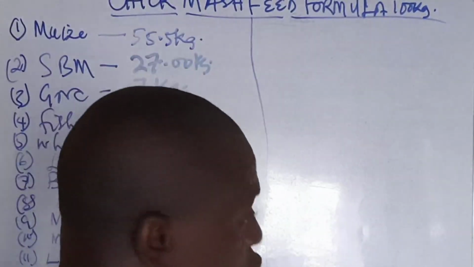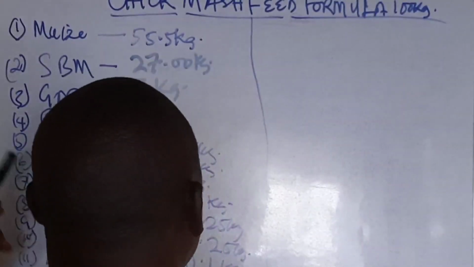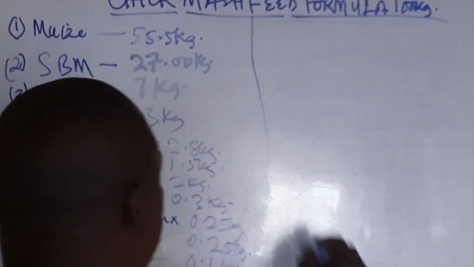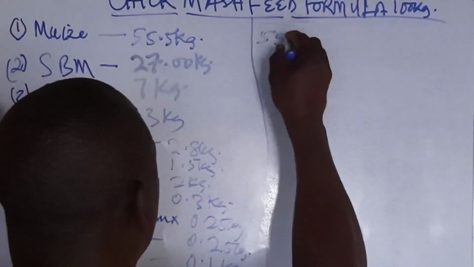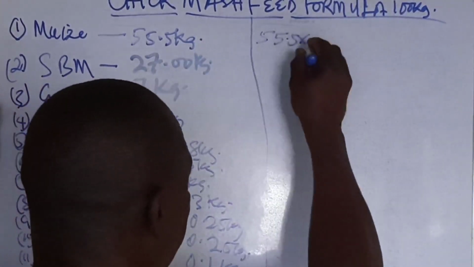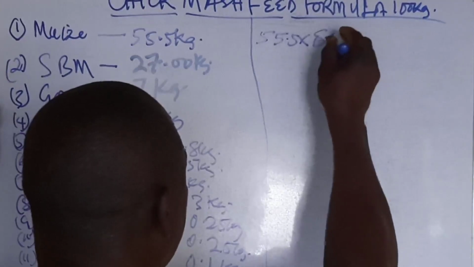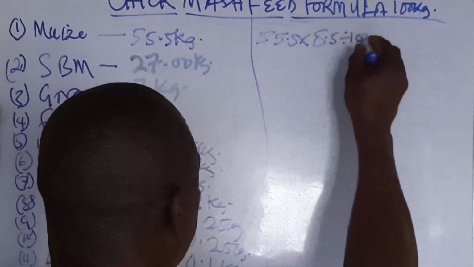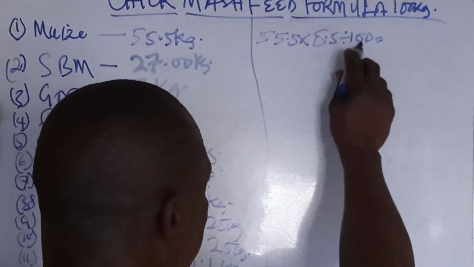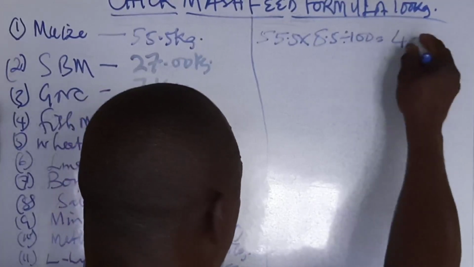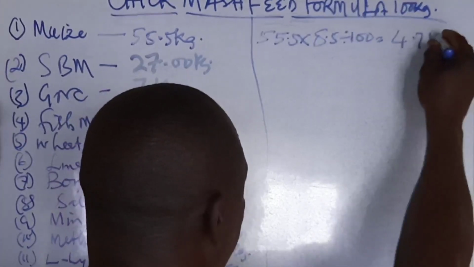Then you divide it by 100 because we are dealing with 100% feed. What it means is, for maize, we have 55.5 times 8.5 divided by 100. This will give us 4.715 CP, crude protein.